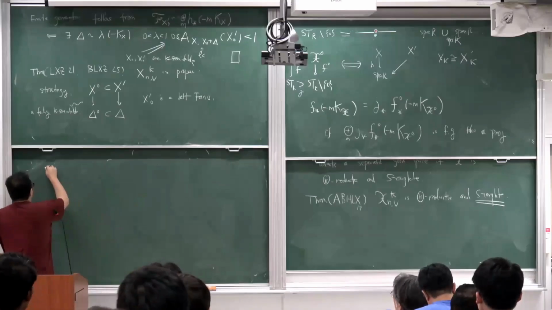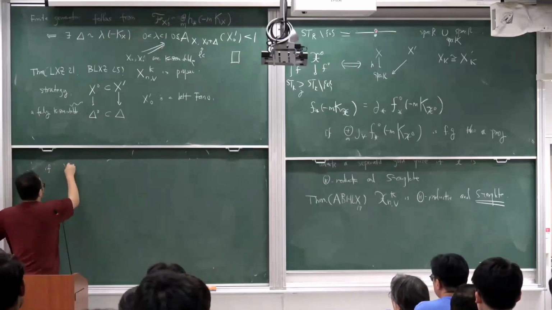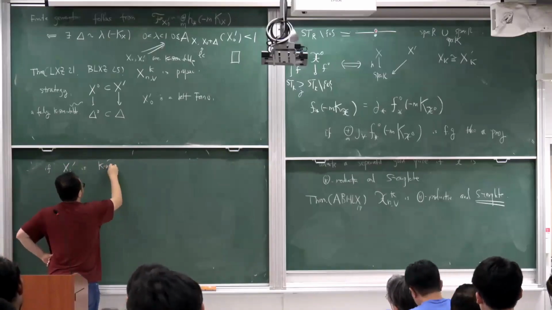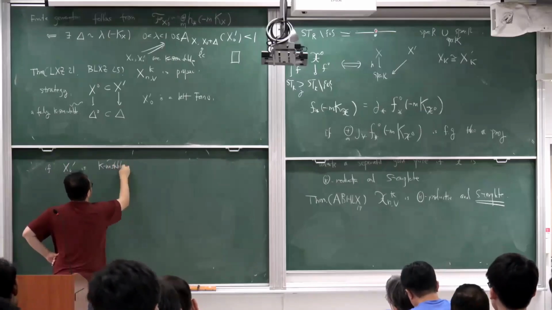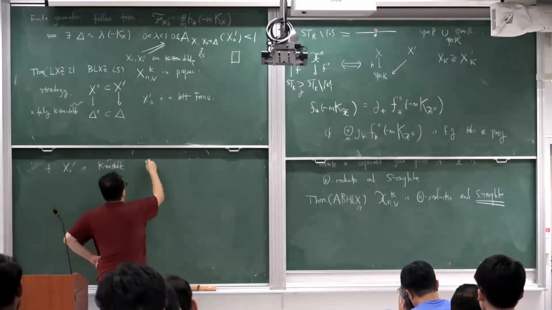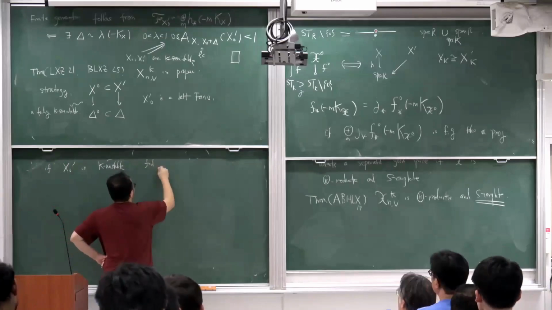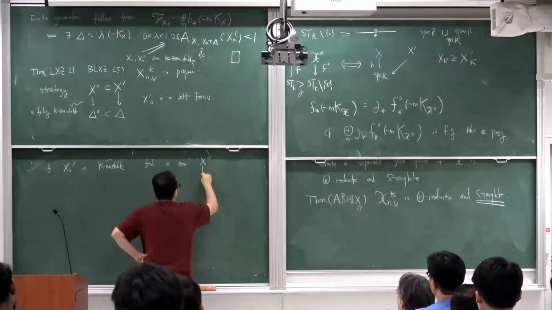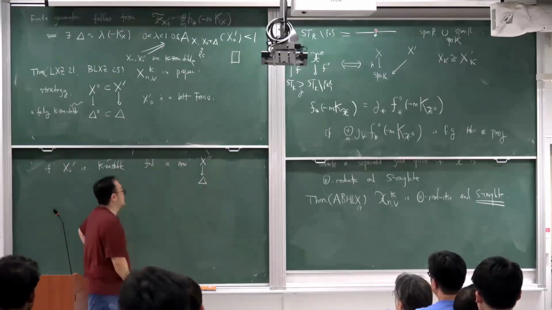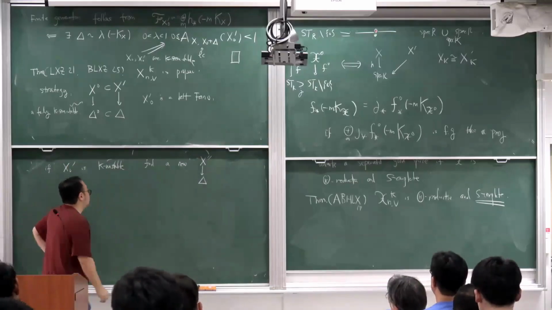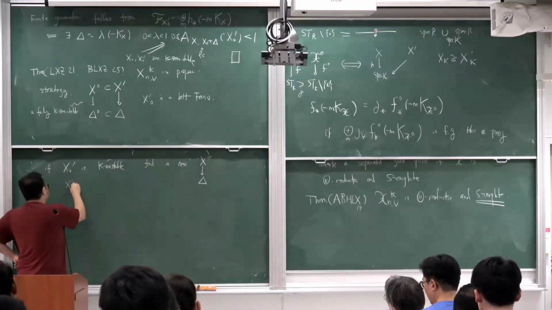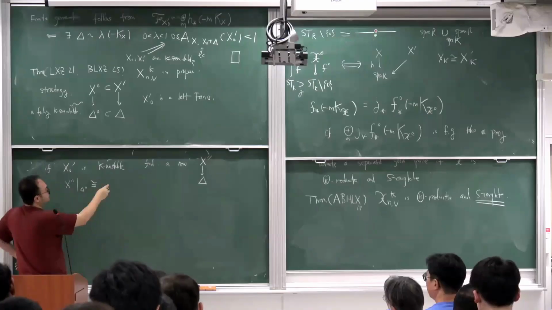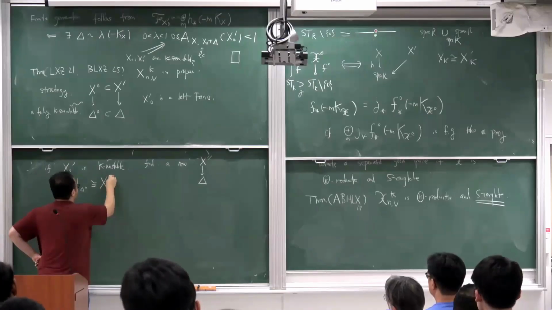So if X prime is unstable, so it's not k-semi-stable, then we want to find a new family X prime, again after base change, such that over the generic fiber this is still my original family.